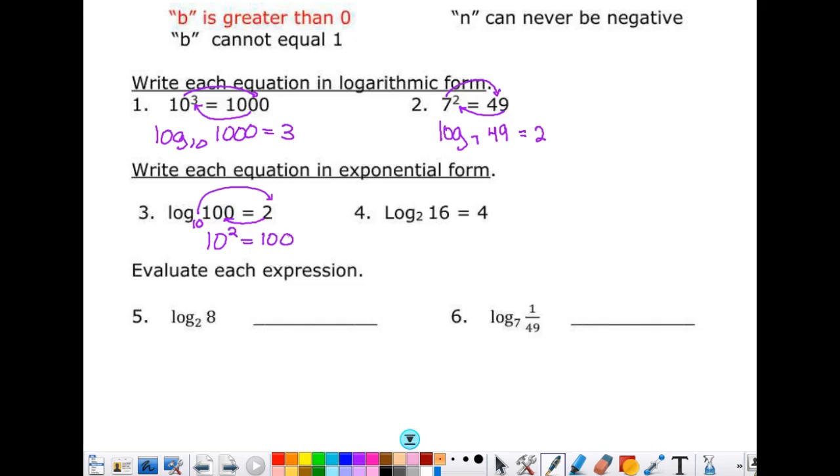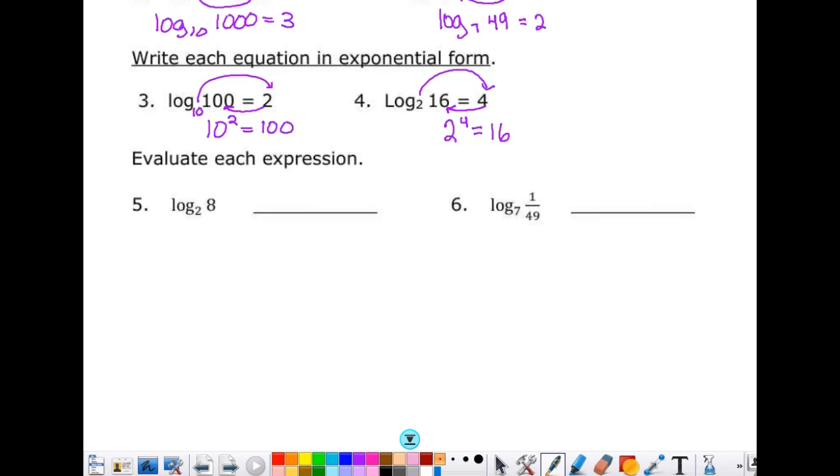Is that true? Is 10 squared 100? Yeah, it is, isn't it? 2 to the 4th power equals 16. Is 2 to the 4th power 16? 2 times 2 times 2 times 2. Yes. Little practice there.